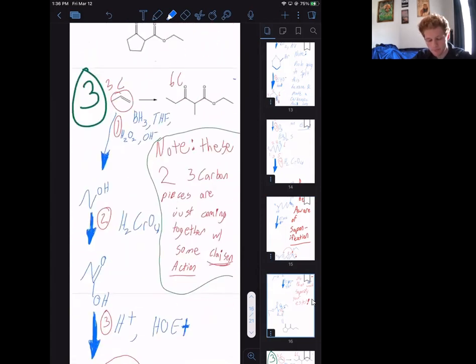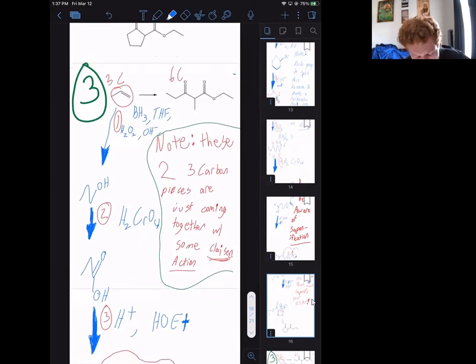Yeah. This third one is just a matter of recognizing that you've got 2 3-carbon bits coming together. And so there's no new carbons being added. It's just a new carbon-carbon bond, and it's reacting with itself. So the first thing you're going to need to do is create a carboxylic acid.